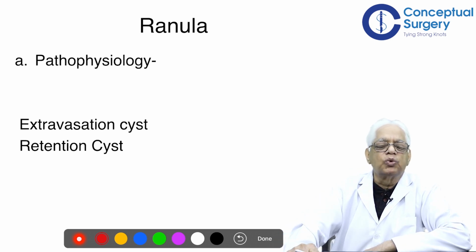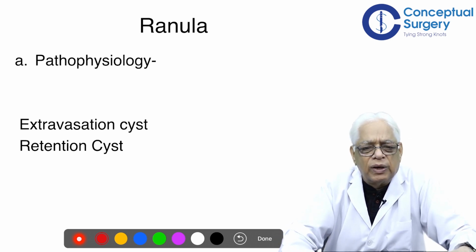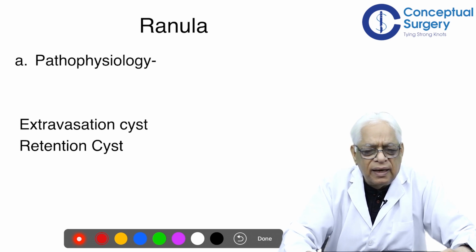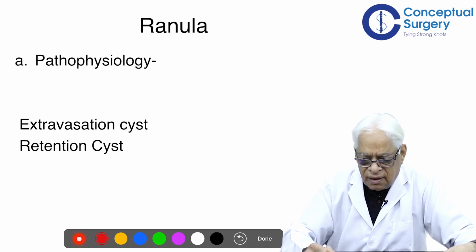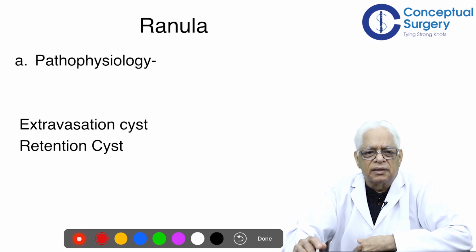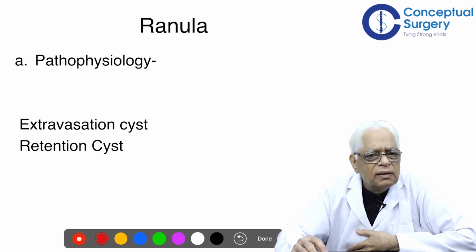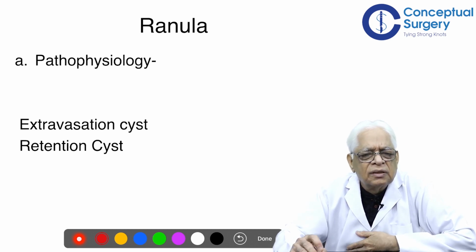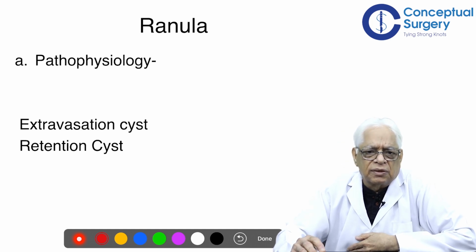Can from those tiny salivary glands one get such a big retention cyst? So the second possibility is possibly they are not a retention cyst, but an extravasation cyst.